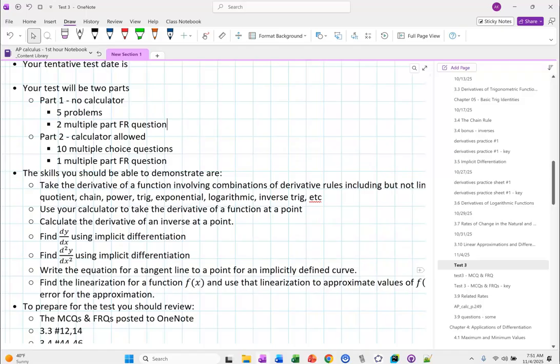There would not be anything so bad as the back page of that derivatives practice where I had a million things going on at once. But you could see something with an inverse chain and a chain and inverse trig rule, or a product inside of a quotient.